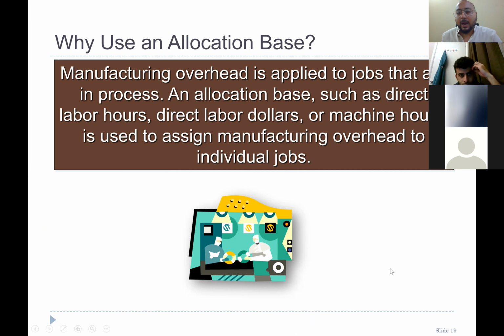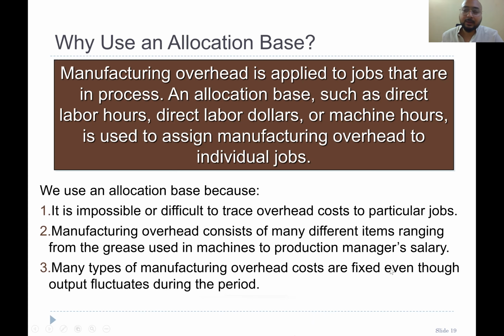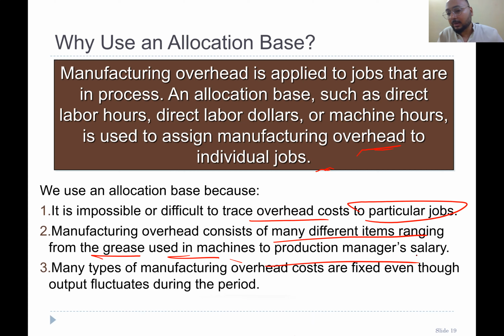So now why we are using allocation base? We just mentioned here. I'm just going to read that. It is impossible or difficult to trace overhead to a particular job. Manufacturing overhead consists of many items ranging from grease used in machine, production manager salary. So many types of manufacturing overhead costs are fixed, even though output fluctuates during the period.